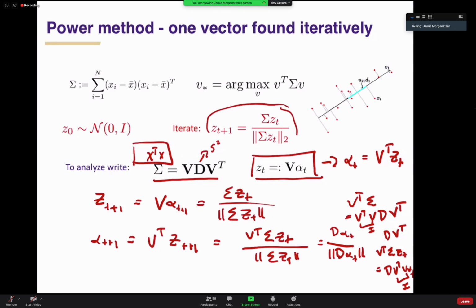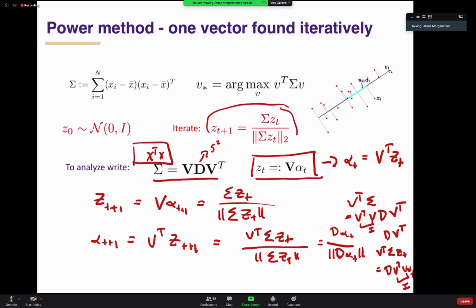I said that each of the iterates zt could be written as a linear combination of the columns of v, right? And then I said, okay, so what are the linear coefficients of those different iterates?